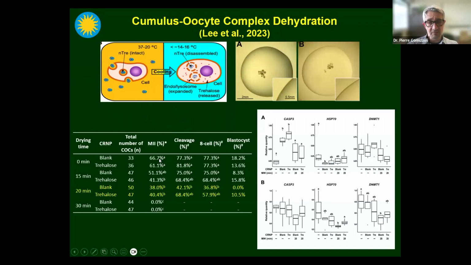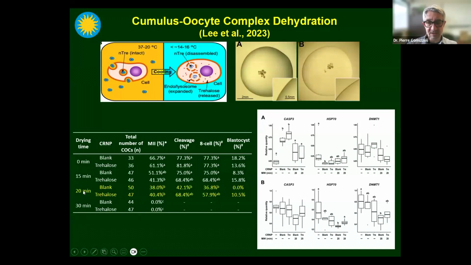Here, those are again very preliminary results. But what was really interesting is that in the presence of trehalose, using those nanoparticles loaded with trehalose that were incorporated naturally by endocytosis by the cumulus oocyte complex, we can definitely protect them from dehydration.